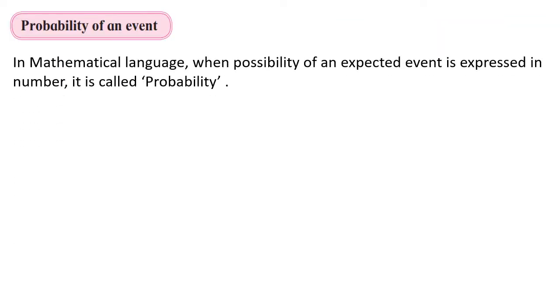So, probability of the event means possibility of the expected event. It is expressed in number. So, in mathematics, it is called probability.